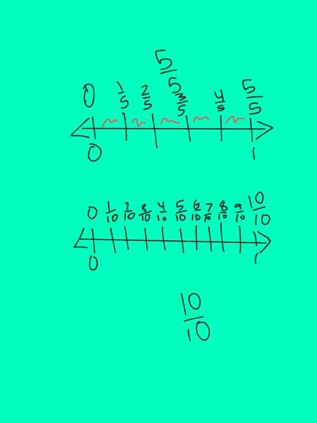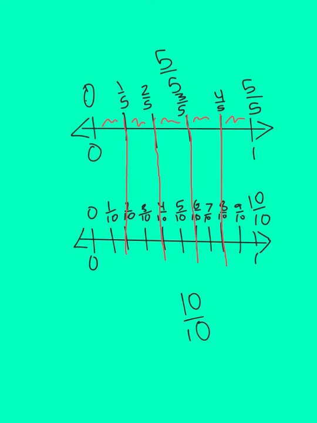So the thing that is a little bit trickier to see on here is that some of these lines down here on the bottom are actually lined up with some of the lines up here on the top. So I'm just going to draw a line from the equivalent fractions on top to the equivalent fractions on the bottom so that you can kind of see that certain fractions on the top actually do line up with certain other fractions on the bottom.